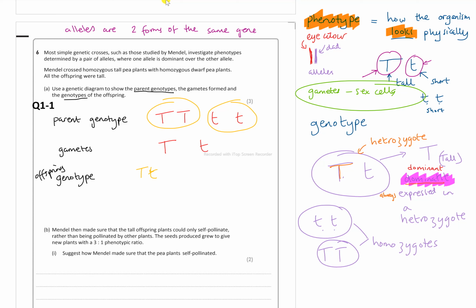But look at this. They're going to give you 3 marks if you do the correct Punnett square. If you did this, T, T, T, T, they'd give you 3 marks as well.